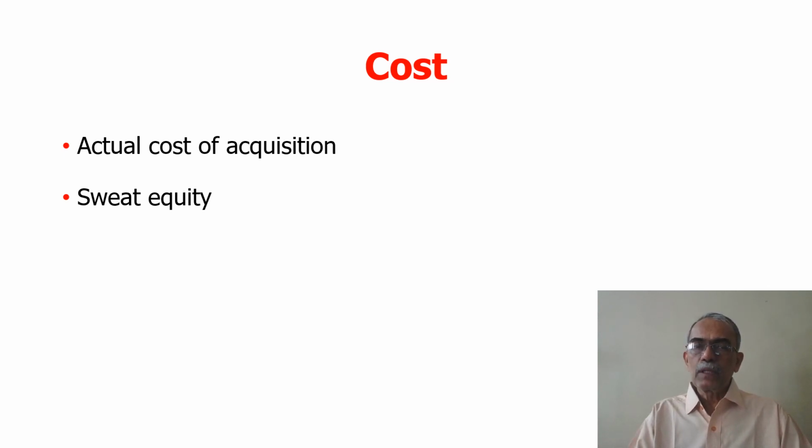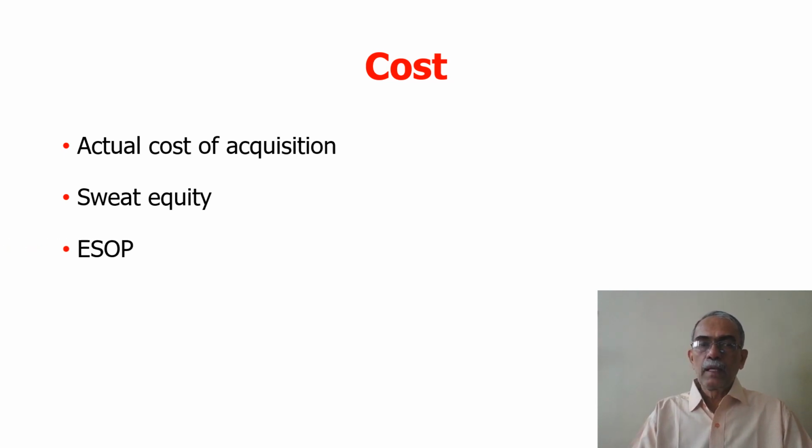No, because when sweat equity is issued, it is treated as a perquisite in the hands of the employees and taxed accordingly. So whatever value is treated as perquisite in the hands of the employees will be taken as the cost of acquisition of such security when they sell those equity shares.